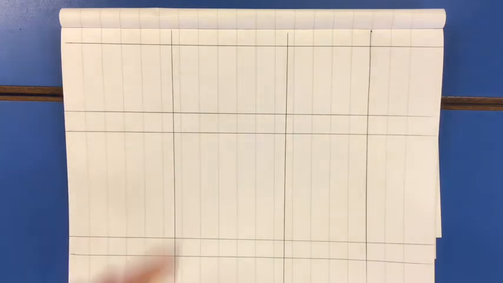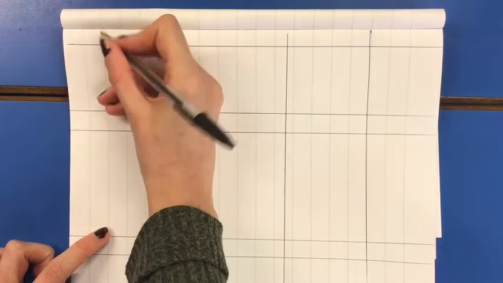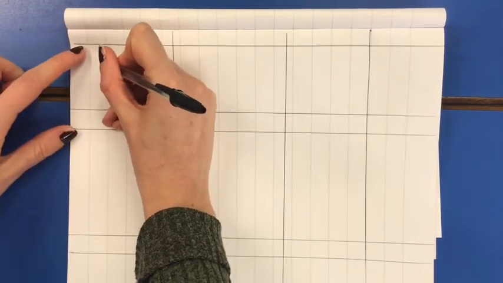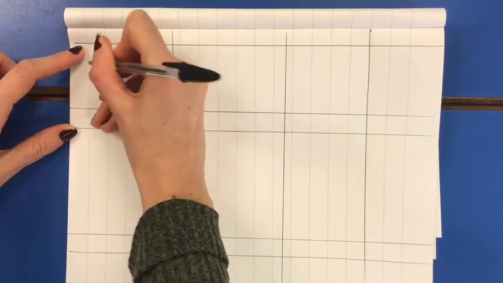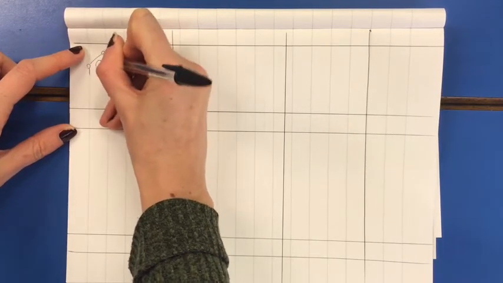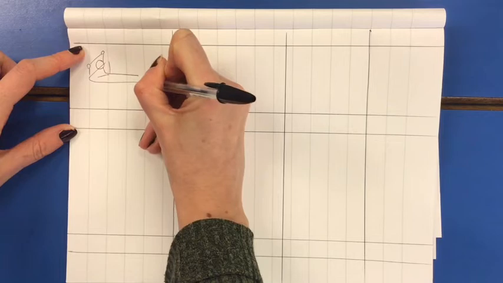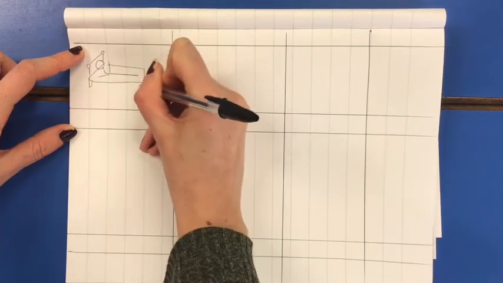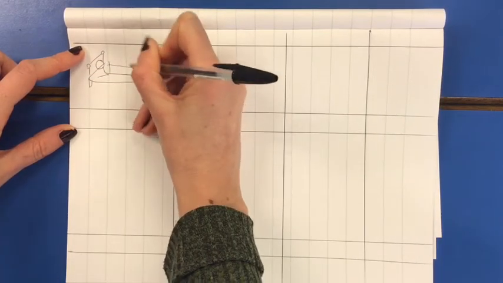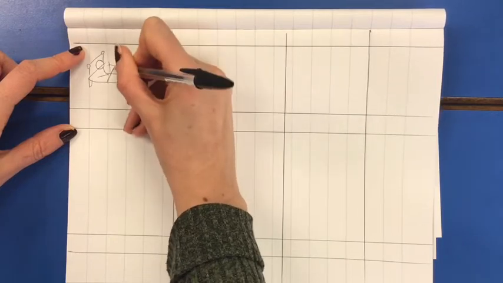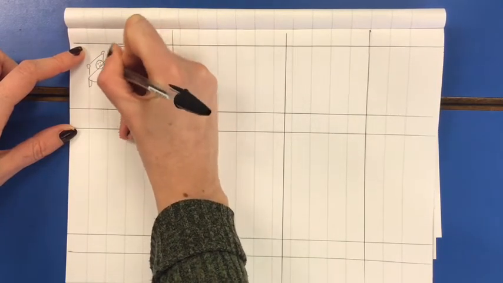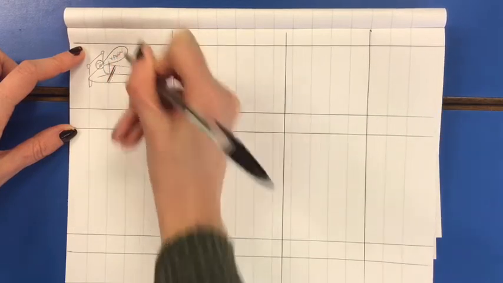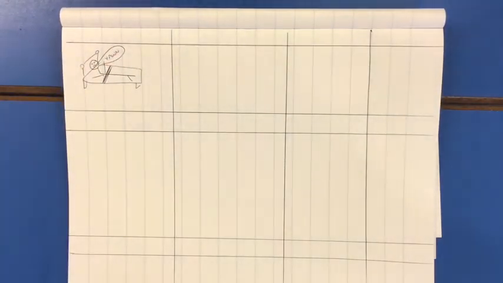So for example, this one here, I'm going to draw a picture of myself. Here I am. Can you guess what I'm doing there?